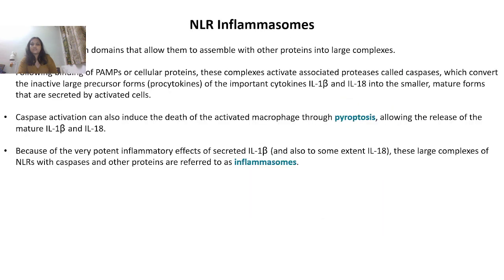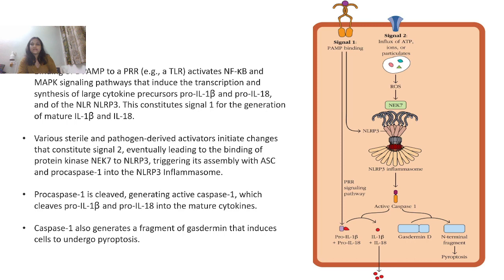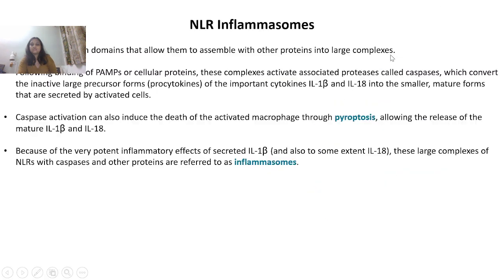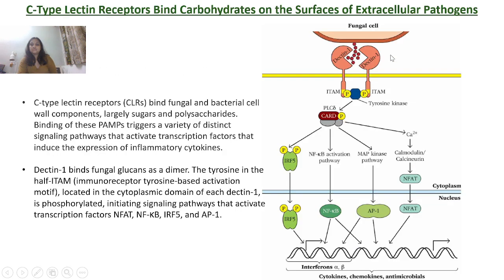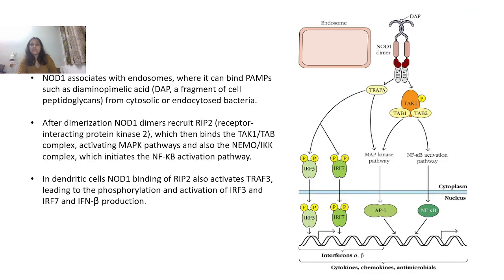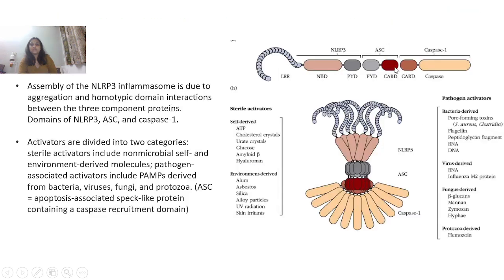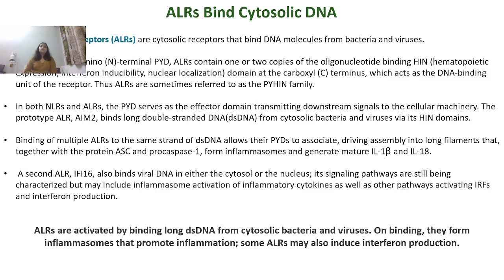In the case of NLR, there is the pyrin domain, which is binding to the different effector molecules. Here also a similar thing is happening. So ALRs bind to the same strand of double-stranded DNA, allowing their pyrin domains to associate, driving assembly into long filaments that together with the protein ASC and procaspase-1 form inflammasomes and generate mature IL-1 beta and IL-18.